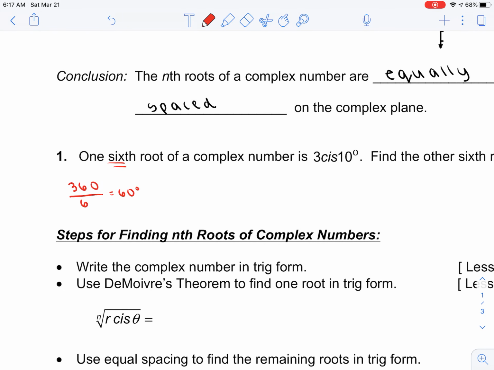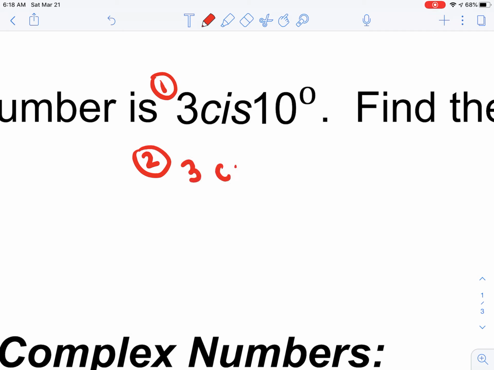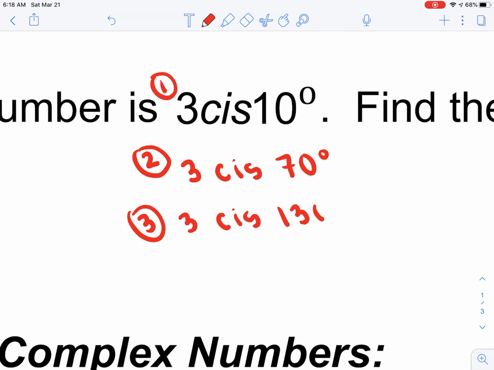which means I will have a solution every 60 degrees away. So this is root 1. For my second one, I'm going to keep the 3 in the front the same, but I'm going to add 60 to 10 and get 70 degrees. For my third solution, I'll have 3 cis. I'm going to add another 60, and that's going to give me 130 degrees.